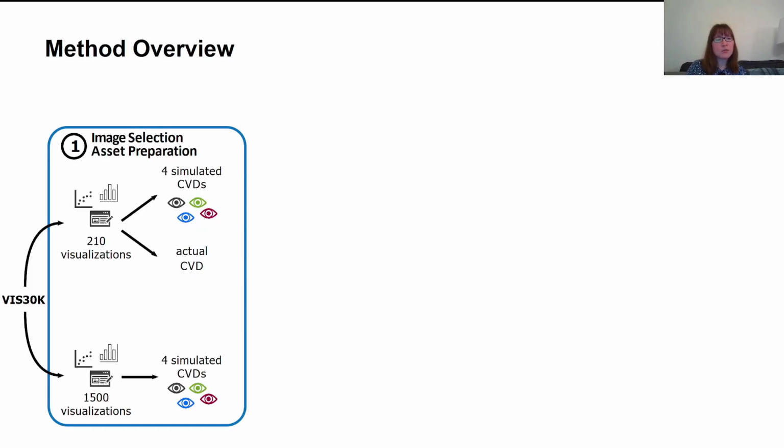As dataset, we use the VIS30K dataset, which contains images from IEEE VIS publications. Here, we selected 1,500 images from 5 years in a time period between 2000 and 2019. Then we generated CVD simulations of those images.